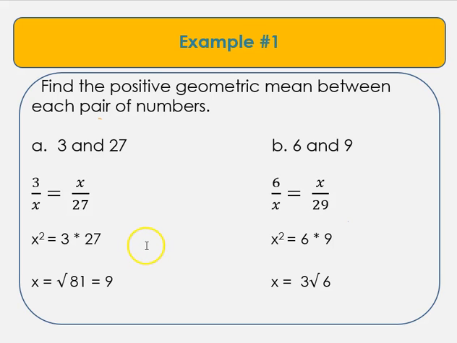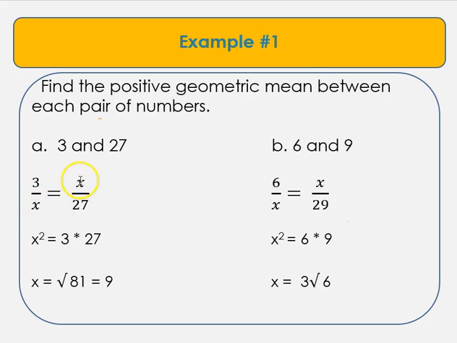So let's do an example of exactly that. Find the positive geometric mean between each pair of numbers. So we don't even need to look at triangles to do these problems as long as we have the values. So we have numbers of 3 and 27. We set up a proportion.